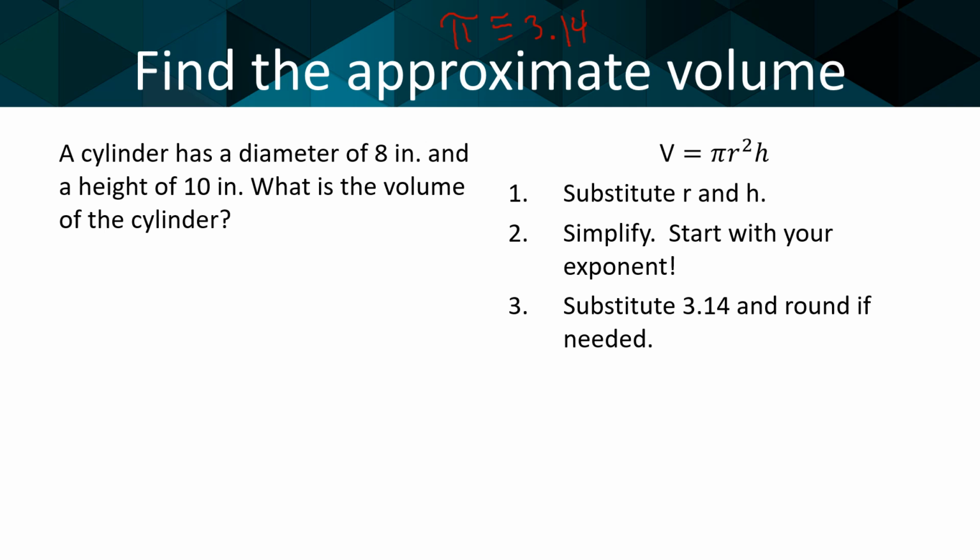Sorry about my sloppy approximate equal symbol there. So we need to replace pi with 3.14, and our instructions tell us that as well. So step 1, we're going to substitute R and H. Step 2, we're going to simplify. Start with your exponent. Always follow PEMDAS. PEMDAS doesn't go away.